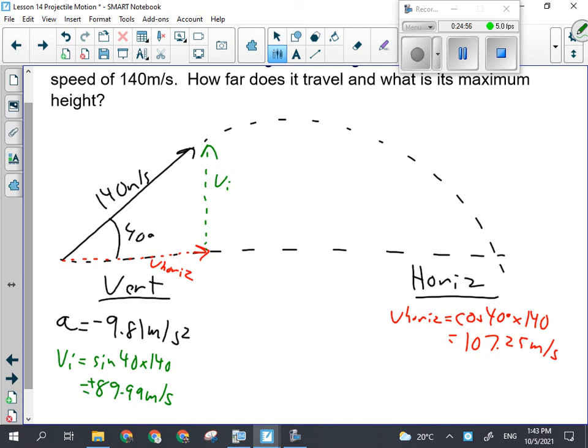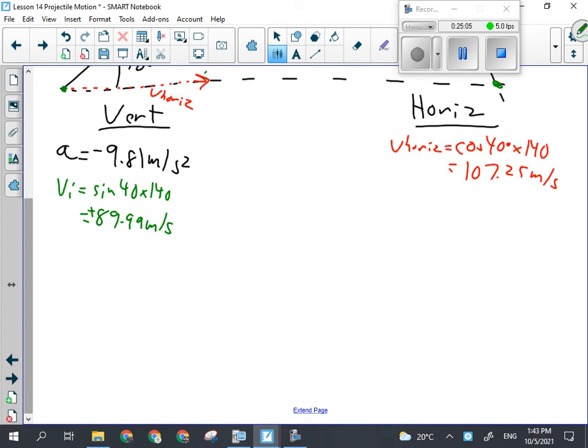As long as the launch point and the impact point are level, what's the relationship between VI and VF? They're the same but opposite, right? So VF is negative 89.99 meters per second. What goes up must come down.